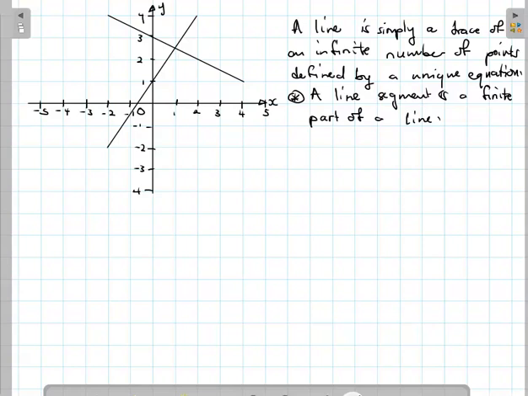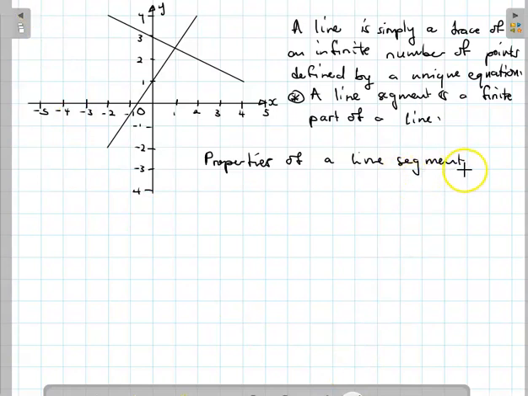Now that we have defined a line segment and we have drawn some line segments here, we are going to look at 3 properties of a line segment that I want us to work on, the properties of a line segment that you should be able to compute.